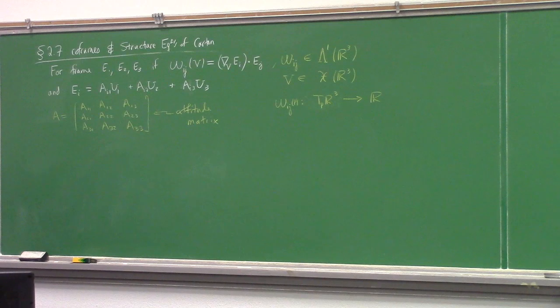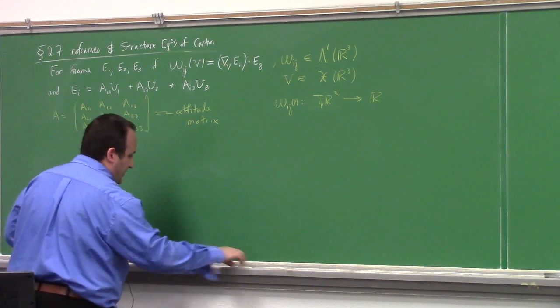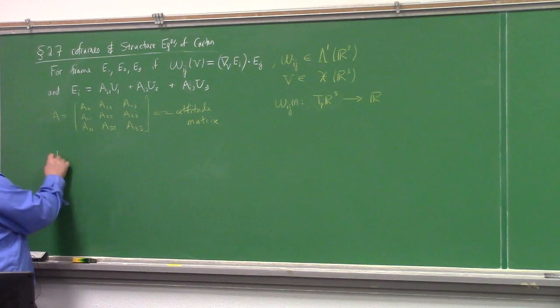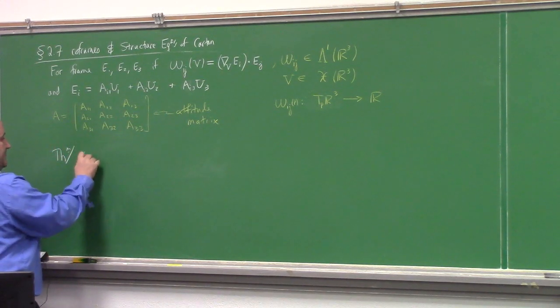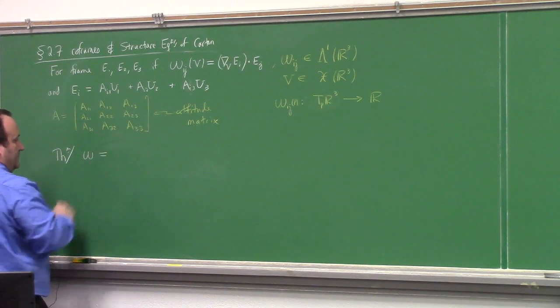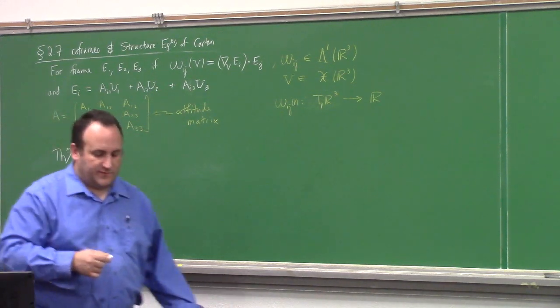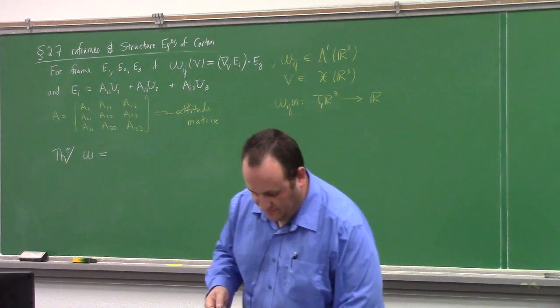And the rows in the attitude matrix are the components of the frame with respect to the Cartesian basis, right? And then the thing I proved, argued, whatever you want to say, the theorem was this. Theorem, which is that omega is equal to, what's the formula in terms of matrices of wedge products and such?